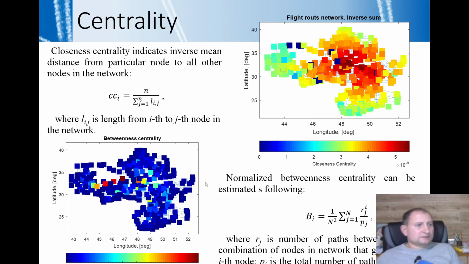And the second one is betweenness centrality, which indicates how useful is each node in the network.